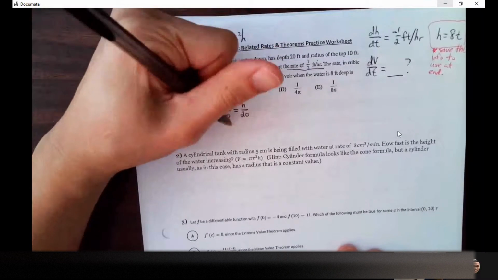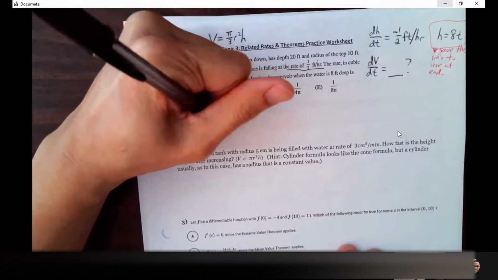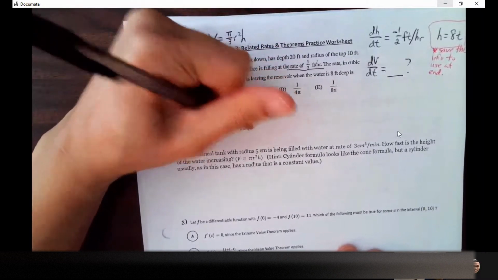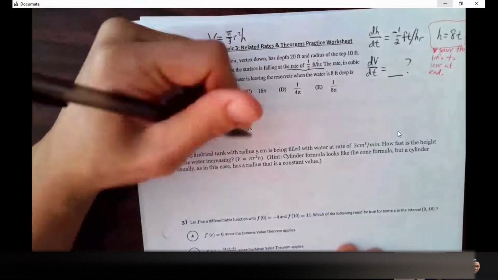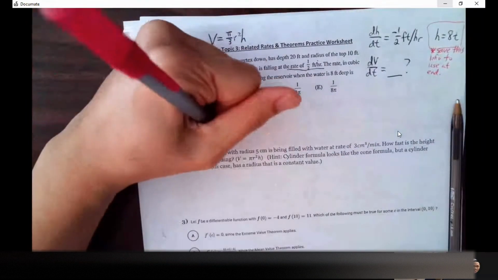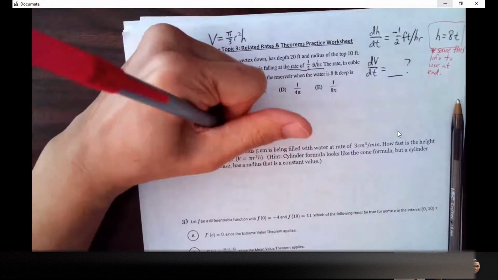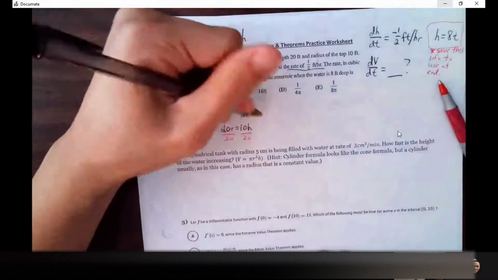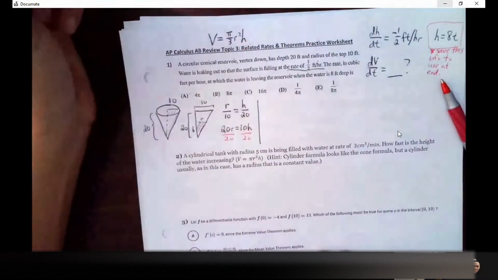If I cross multiply, I get 20R is equal to 10H. Divide both sides by 20. I get R is equal to H over 2.